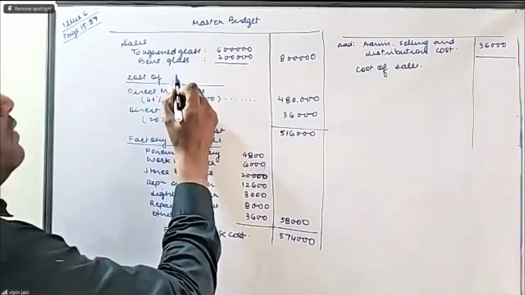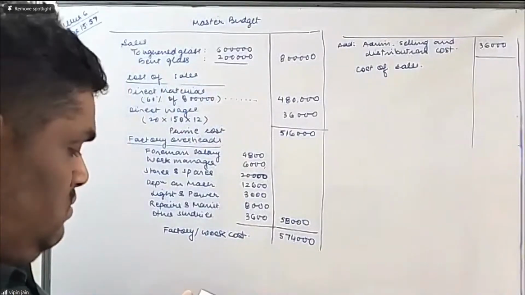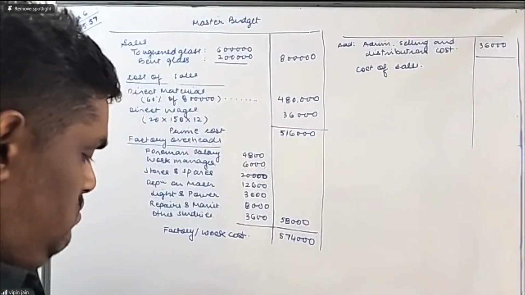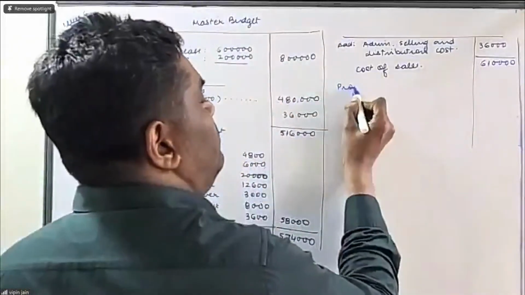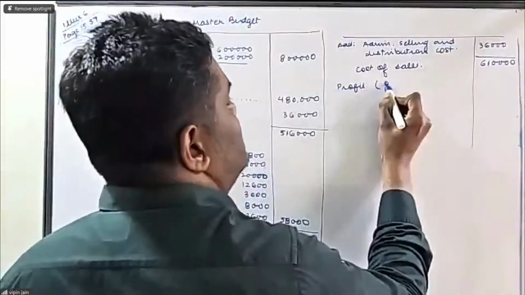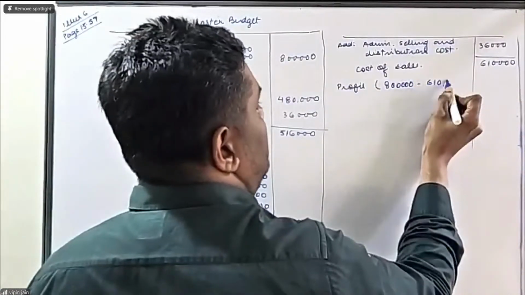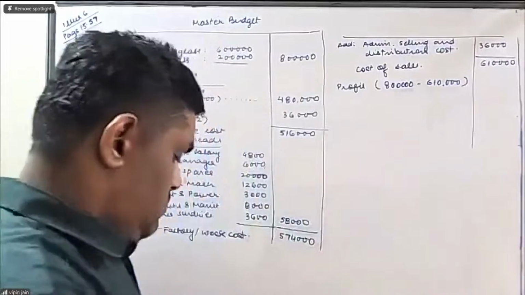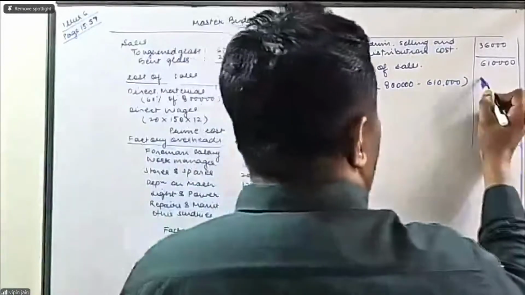Better we'll write cost of sales here: 6,10,000. So my profit will be sales minus cost of sales, that is 8 lakh minus 6,10,000, which is 1,90,000.